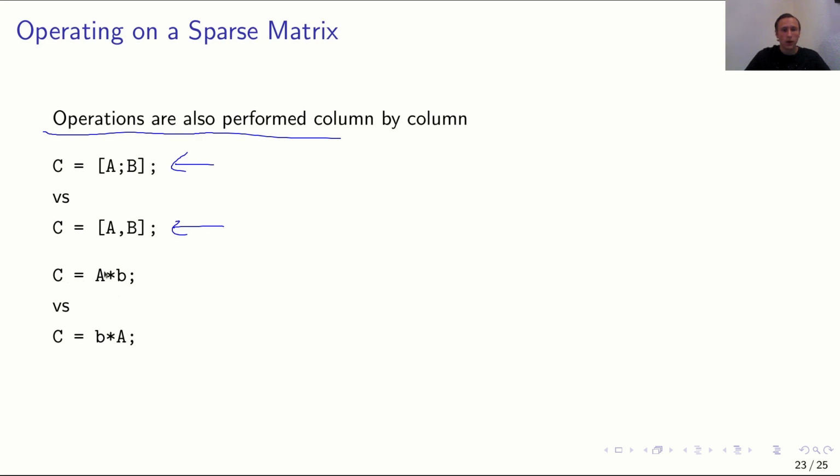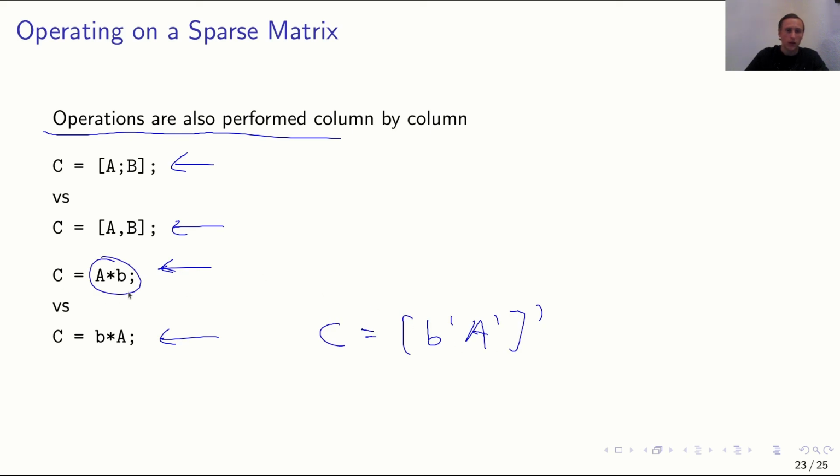Similarly, if we're multiplying a matrix with a vector, that's going to be more expensive than multiplying a vector with a matrix. That's because here we are multiplying each row of A with one column B, whereas here we're multiplying one row with each column of A. So in this case, it may actually be cheaper to perform, say, C is B transpose A transpose, transposed.